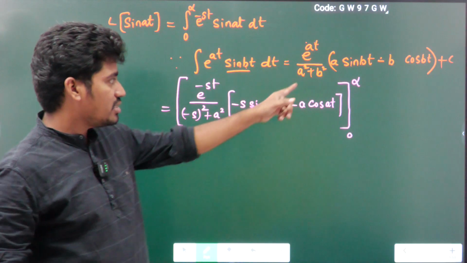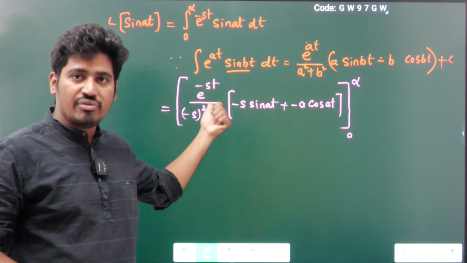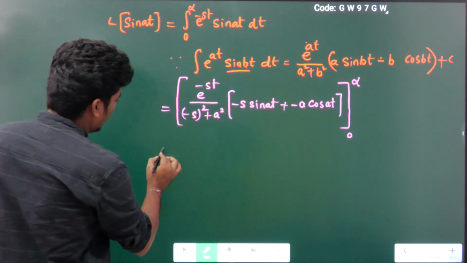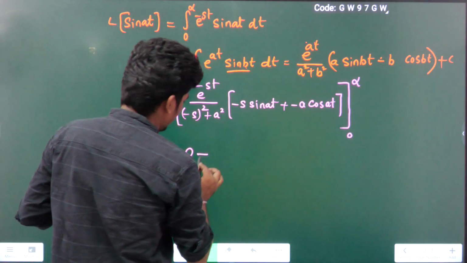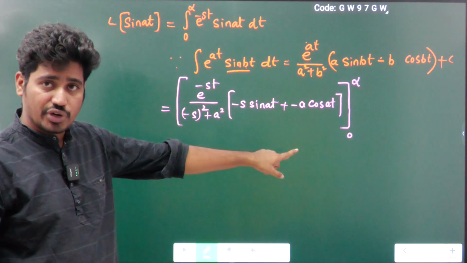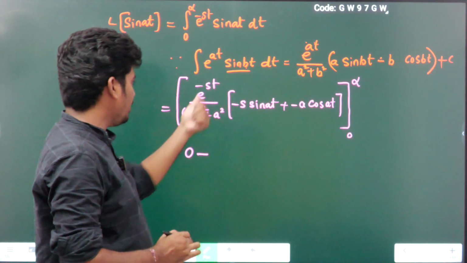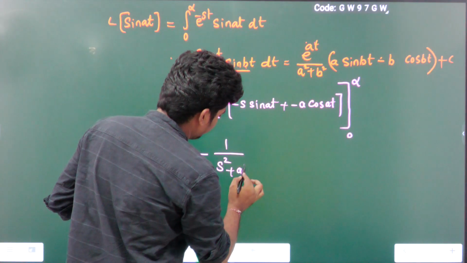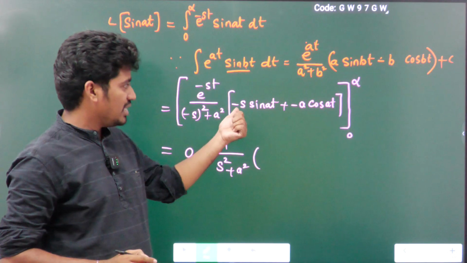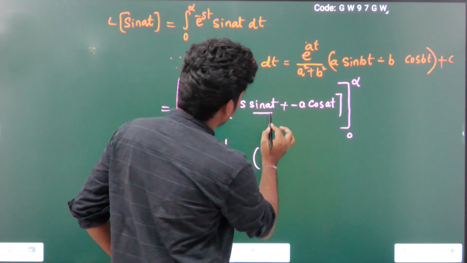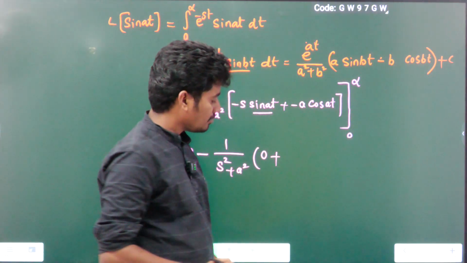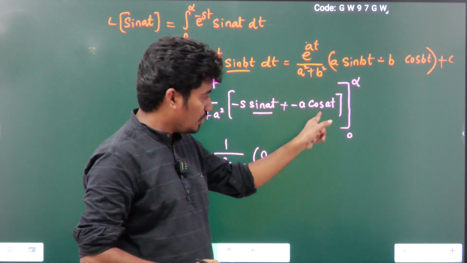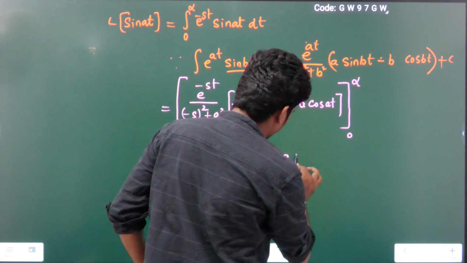When we apply infinity, e power minus infinity is 0, and 0 into something is 0. So that is 0 minus the lower limit value. Substituting 0, e power 0 is 1, by s square plus a square, into minus s into sin 0, which is 0, plus minus a into cos 0, which is 1.